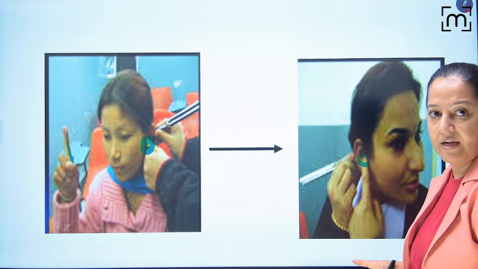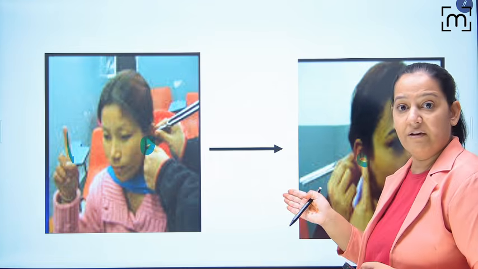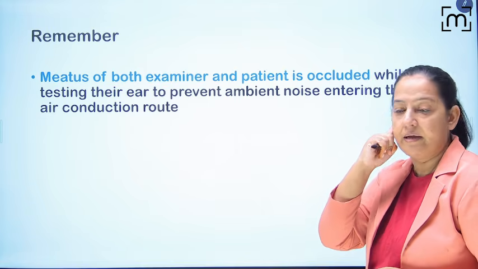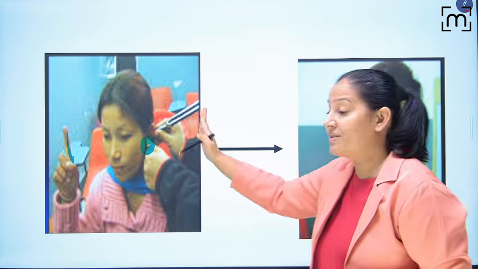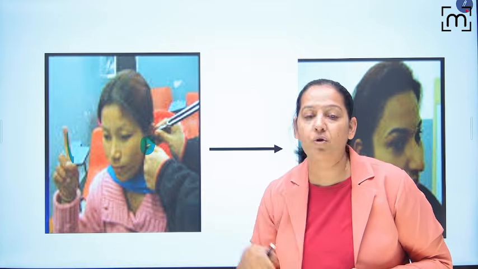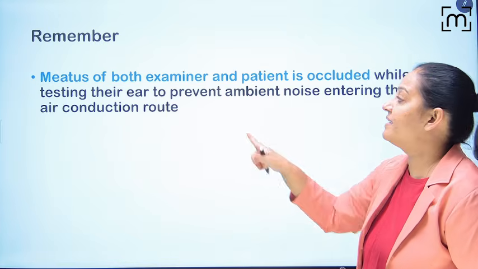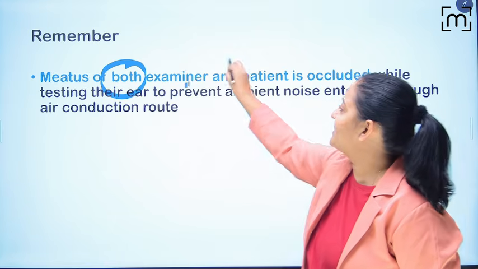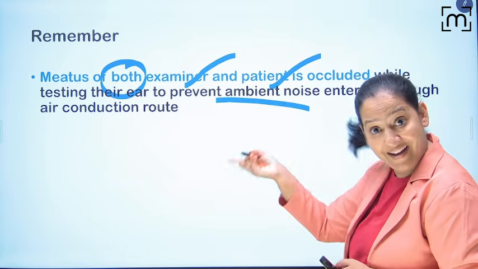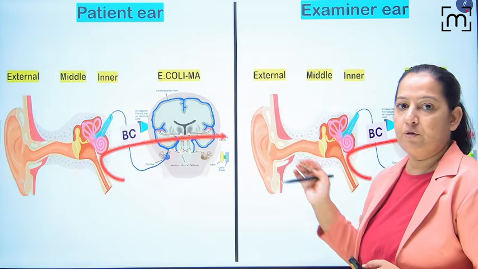Meatus closed. Here, in the conductive test, we are not disturbing the background noise. In both scenarios we are closing out the background noise. By closing the tragus, the background noise is blocked. The meatus of both the examiner and patient is closed with the tragus to prevent background noise. Please mind it. Now you tell me the interpretation.